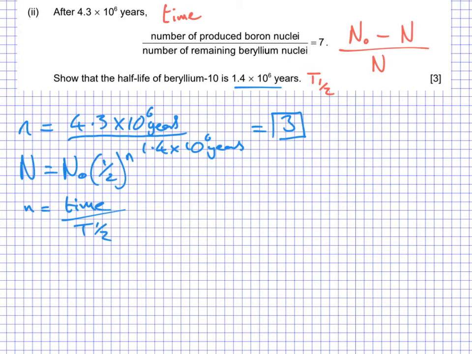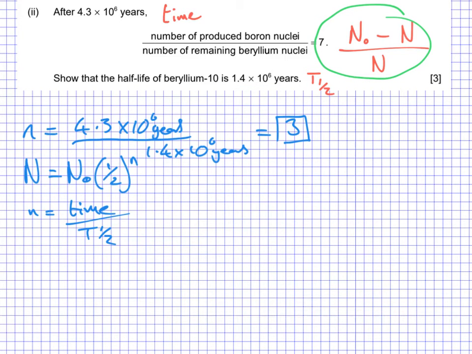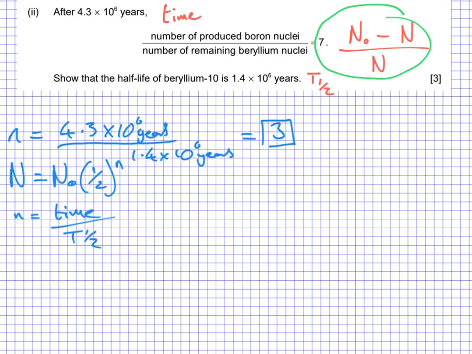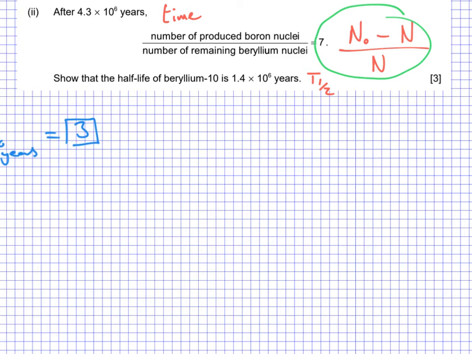How can we prove that? Well, we're going to use our ratio here that we've just figured out. So what does that look like? Well, let's just move this out of the way here. I'll just leave that 3 because we know that we're searching for proof that our number of half-lives is 3. That's what we're going to try and prove.